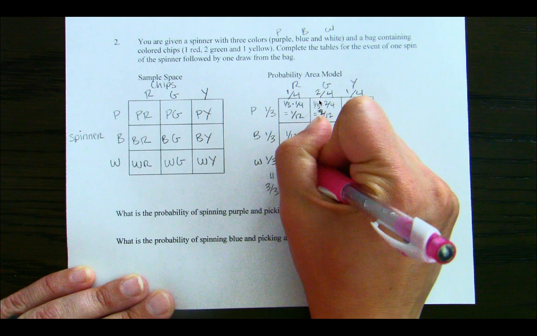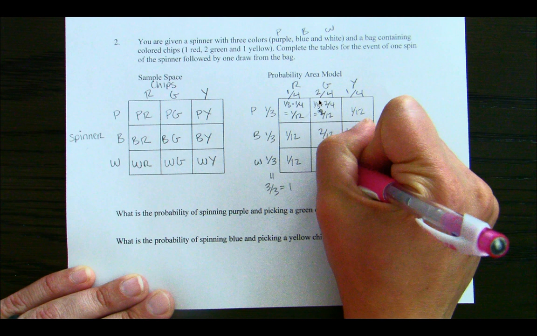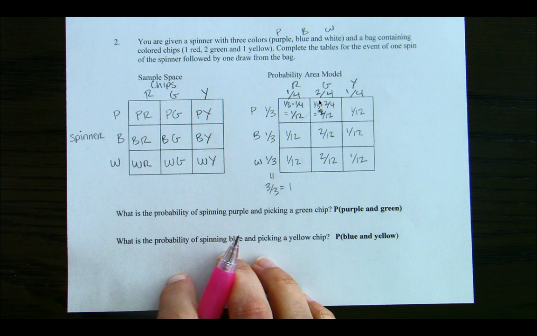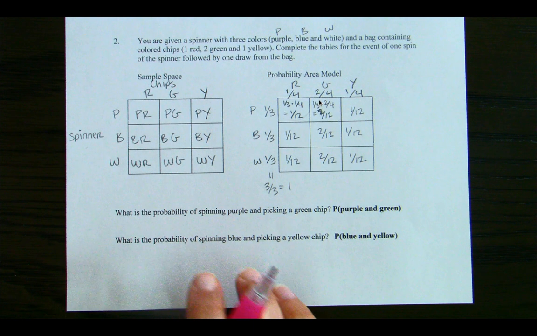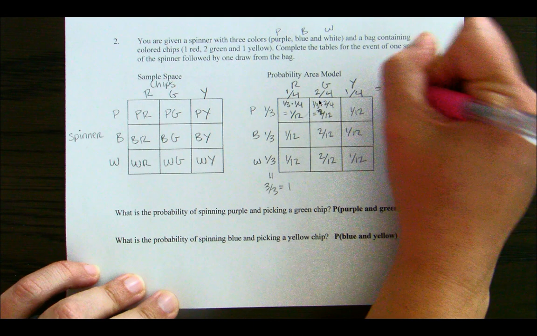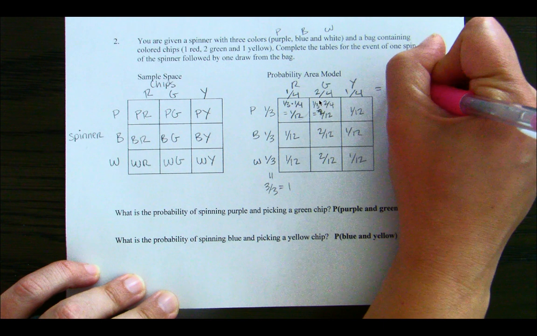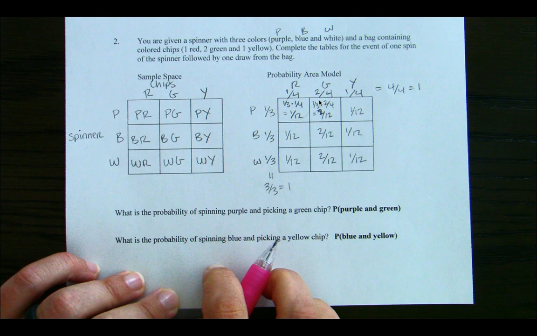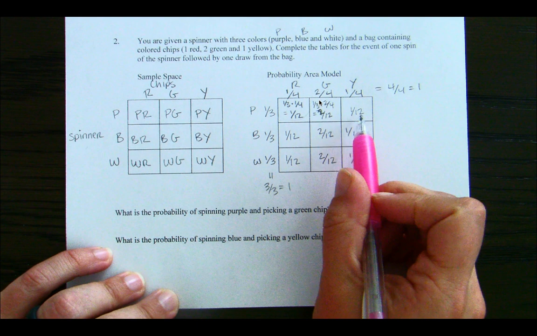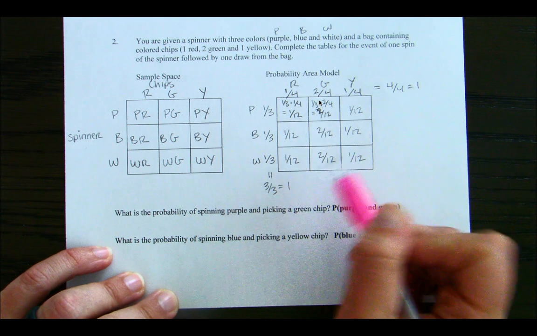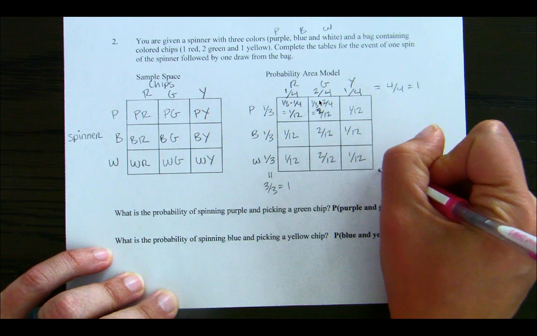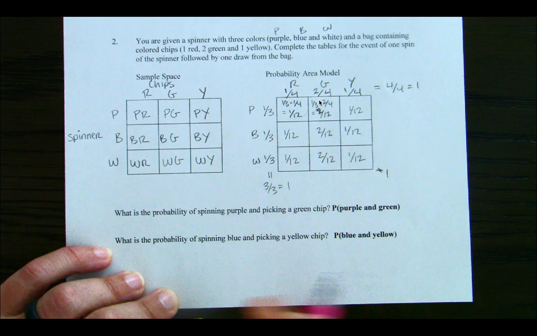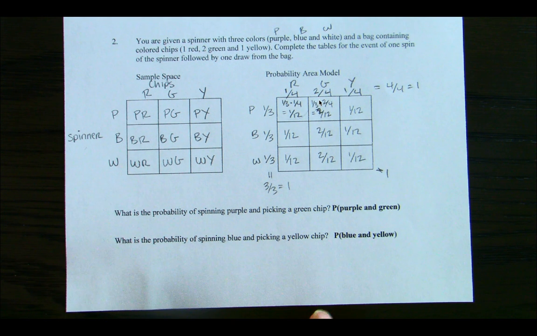So I'm going to fill out this table by multiplying, and we end up with these results. Also notice up top, if I add all those together, that ends up being 4/4, which is 1. Then I can go through and make sure everything inside also adds up to 1. You can always double check. That's how you catch some mistakes.